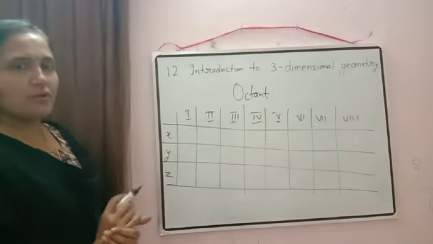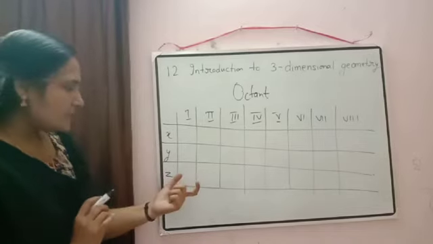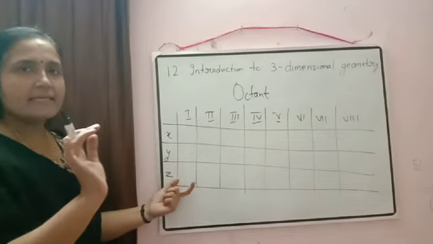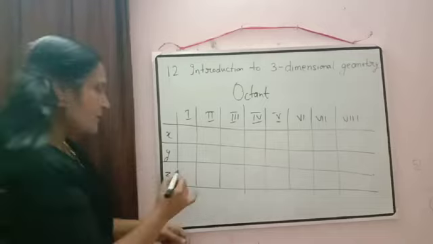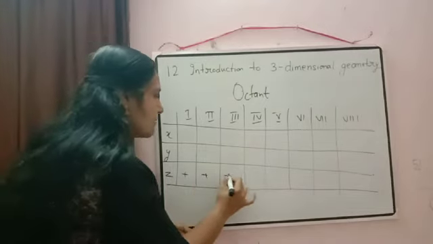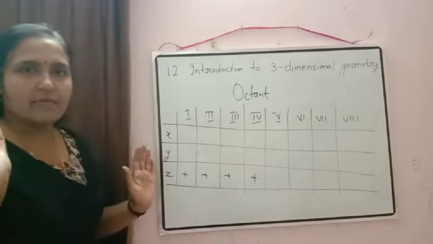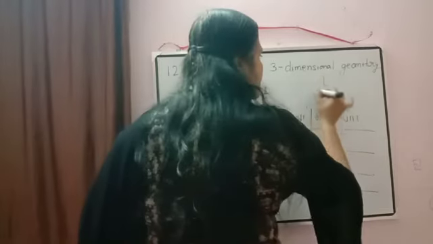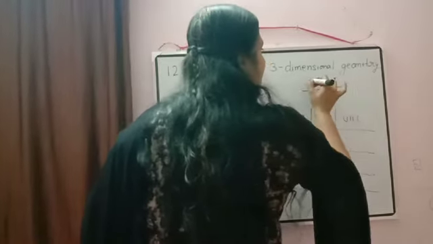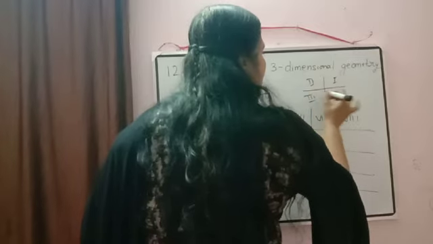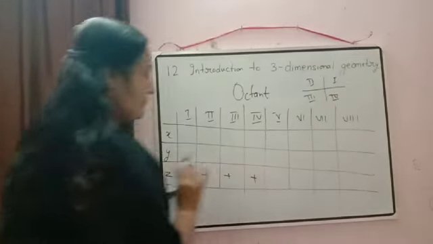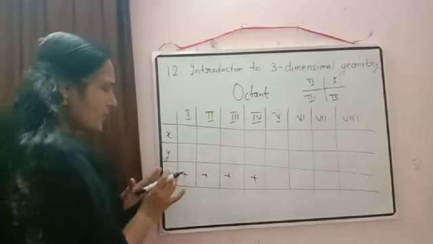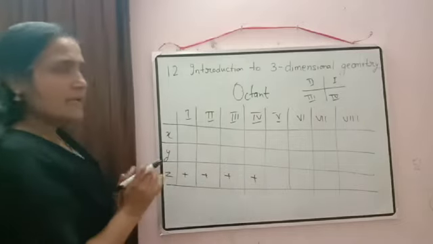So first, what you have to do: in the first 4 octants, make the z coordinate positive. Just write down the z coordinate as positive. Now you remember the concept of quadrants, what we dealt with in 2 dimensions. At present these are octants. So in the first 4 octants, the z coordinate is positive.